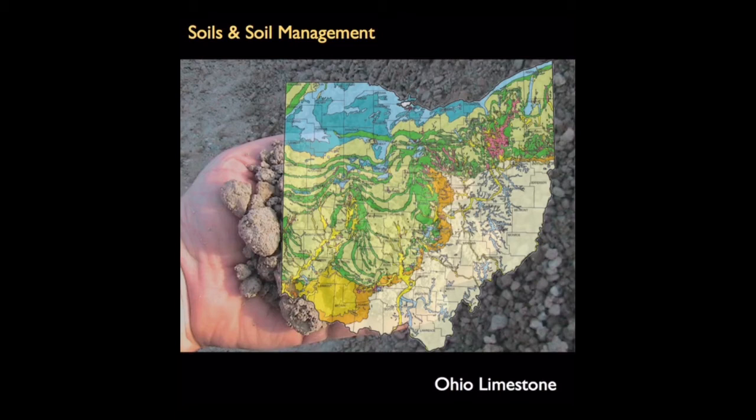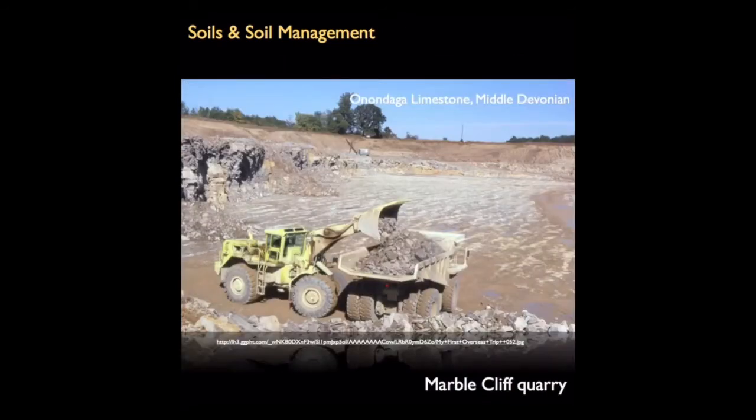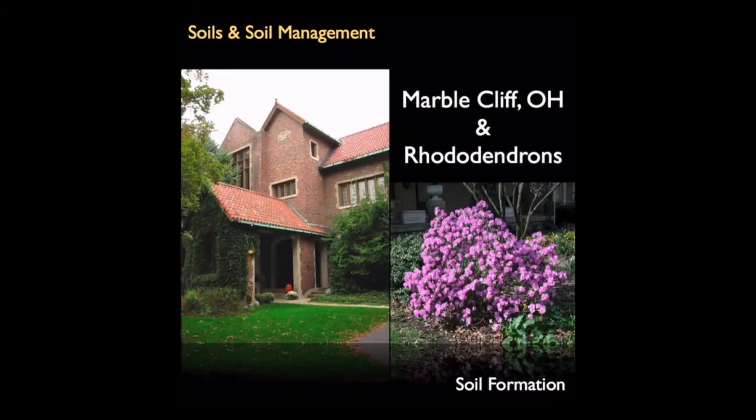Marble Cliff, a suburb of Columbus, is named for the marble and limestone quarries in the area. Would it come as a surprise that Columbus and the surrounding areas have soils with high pH? Probably not. Many plants, such as rhododendrons and azaleas, and other plants in the family Ericaceae, do not grow well in high pH soils.